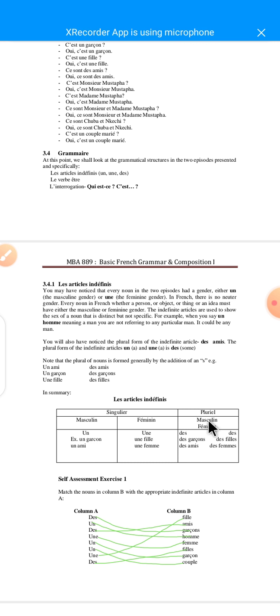For the plural form of the masculine and the feminine, we have des garçons, des filles. You just add des and the plural form of the noun, that you just add an s at the back of the noun, which makes it plural. Des amis, des femmes.